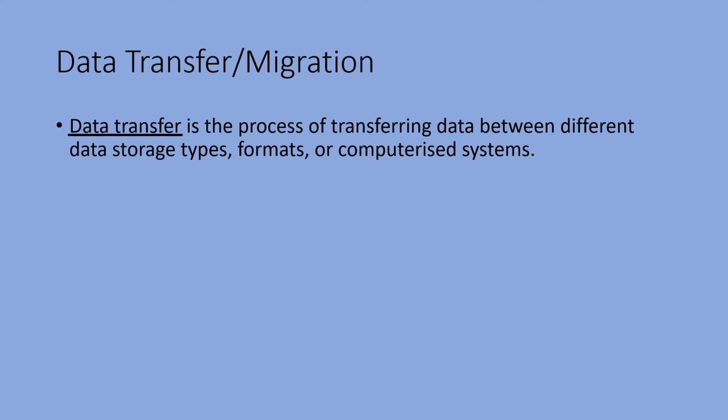Let us discuss data transfer and migration. Data transfer is the process of transferring data between different data storage types, formats, or computerized systems. Data transfer is the immediate data transfer into a retrievable data format. This is stored as online hard backup.